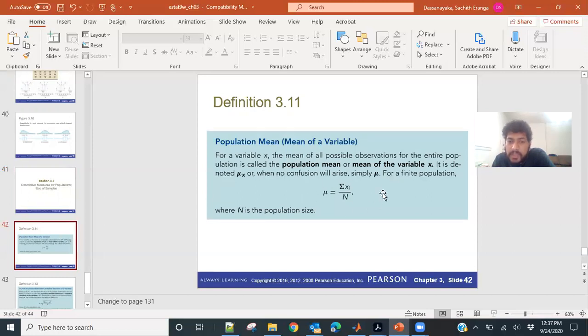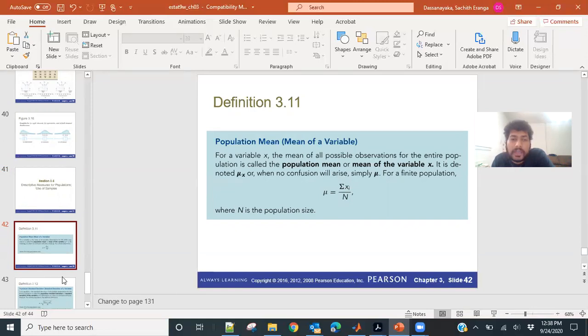So how do we find the population mean? Summation of all the observations divided by the population size, or number of observations in that population. Here the population mean we denote by mu, the Greek letter mu, and the number of observations or population size we denote by capital N. That's the difference between these notations.